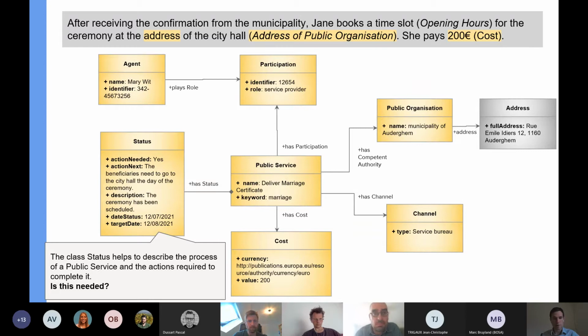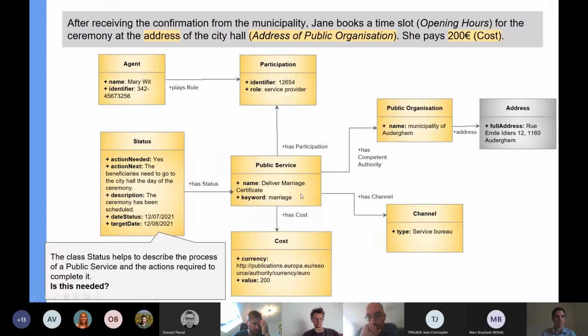Yes, for adding one field within the public service class here about the status of the public service from a life cycle management. Okay. Okay, good. Good. Then let's proceed with that.